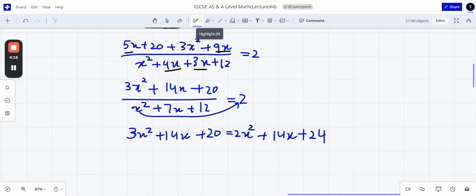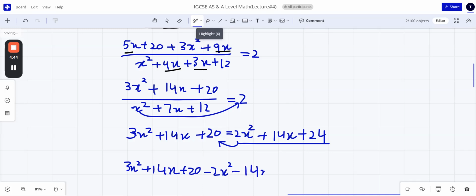Now further we need to simplify. We need to arrange the like terms together. So we will shift all these values to one side of the equal. So 3x squared plus 14x plus 20 minus 2x squared, then minus 14x, and minus 24 equals to 0.